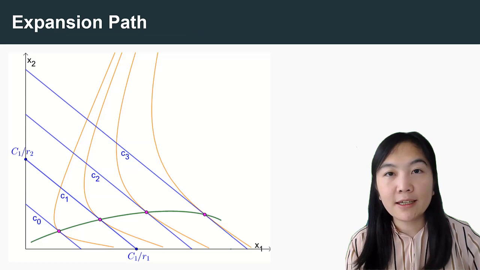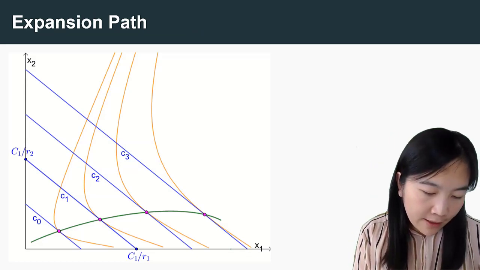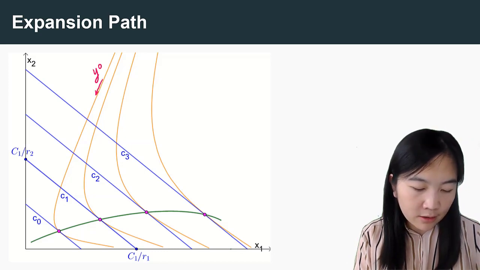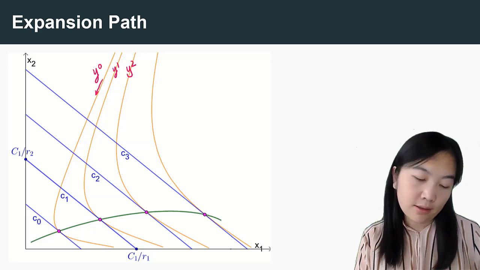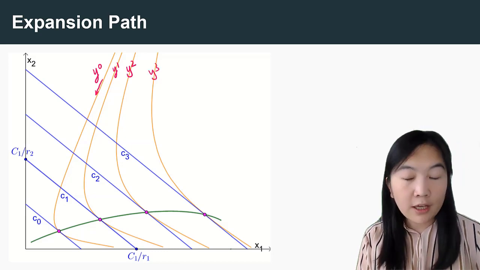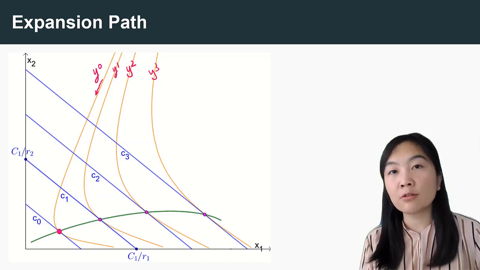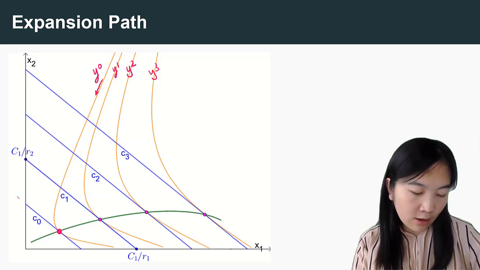The optimality condition to the cost minimization problem tells us, if we have a particular output level, for example, Y0, let's assume this is Y0, this is Y1, this is Y2, and this is Y3. For each level of output, we can find a point where the slope of the isoquant curve is the same as the slope of the isocost line.